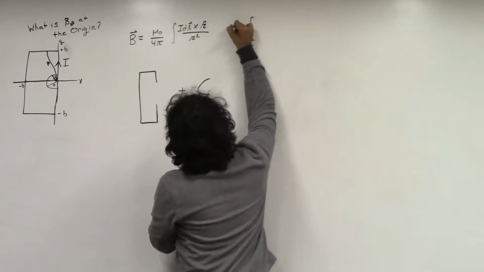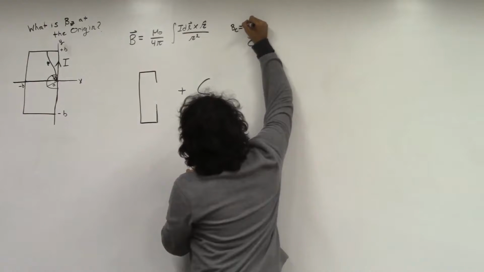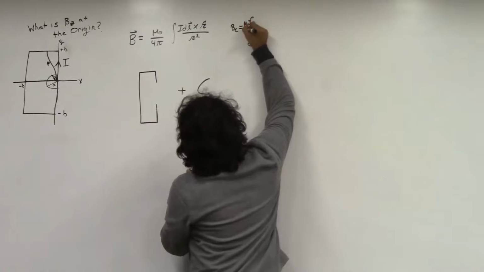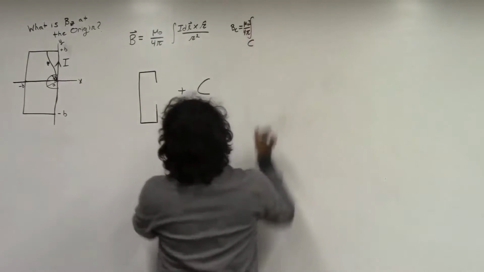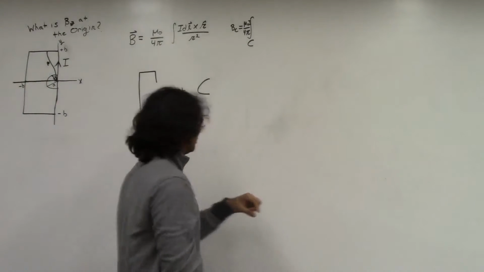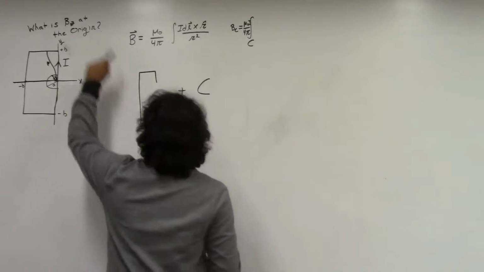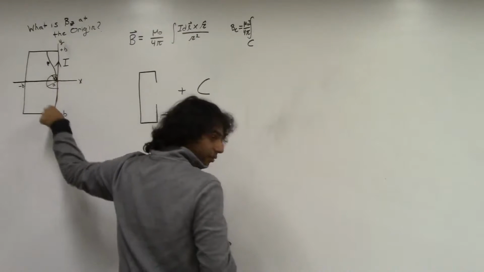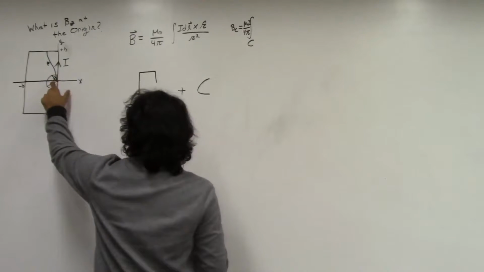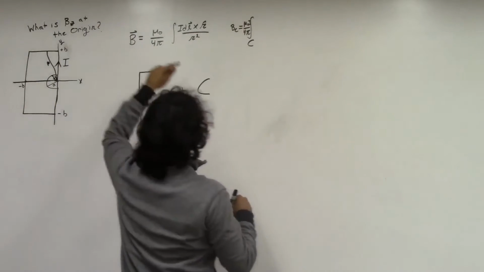So B_C is equal to mu naught I over 4 pi. My dl has to be the length vector, and it has to follow the current. Now the current is going counterclockwise, so it's essentially starting from the bottom of my circle and then moving forward.